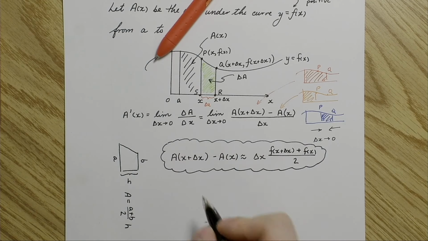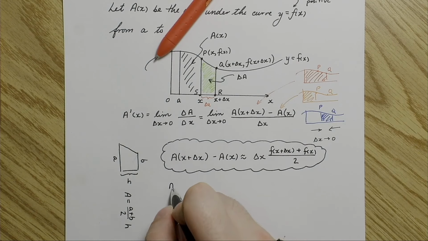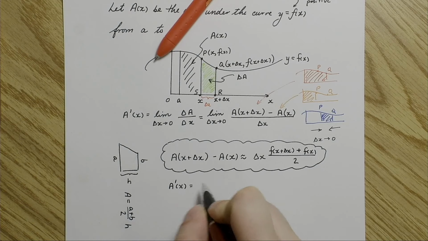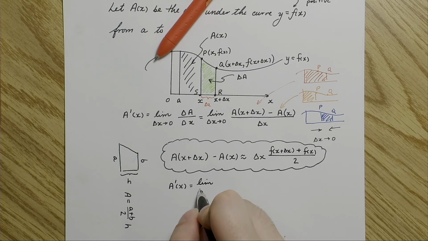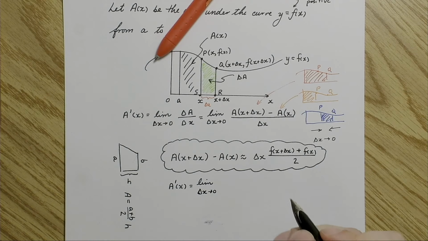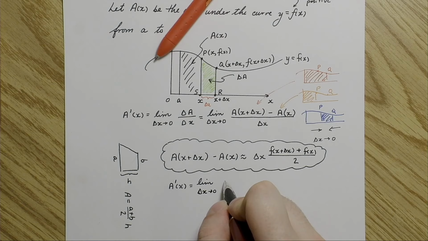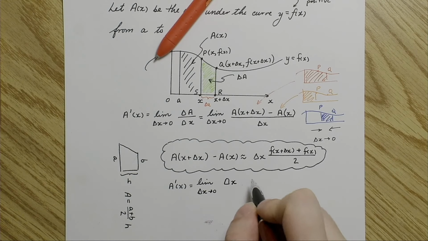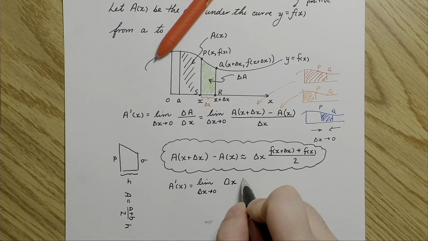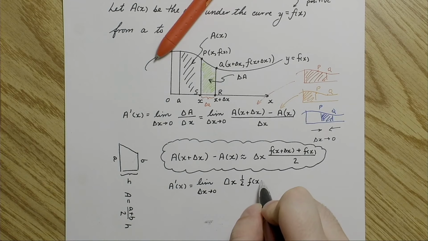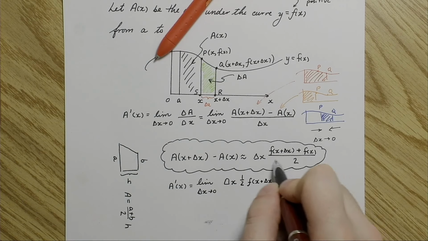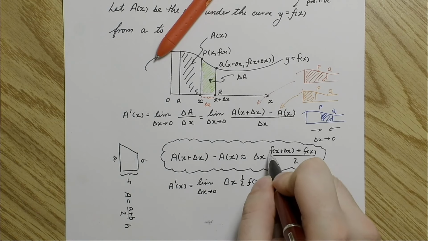So dA of x is equal to the limit as delta x goes to 0. And so in the top part, I get delta x times 1/2 f at x plus delta x. All I've done is just brought this 1/2 in front.